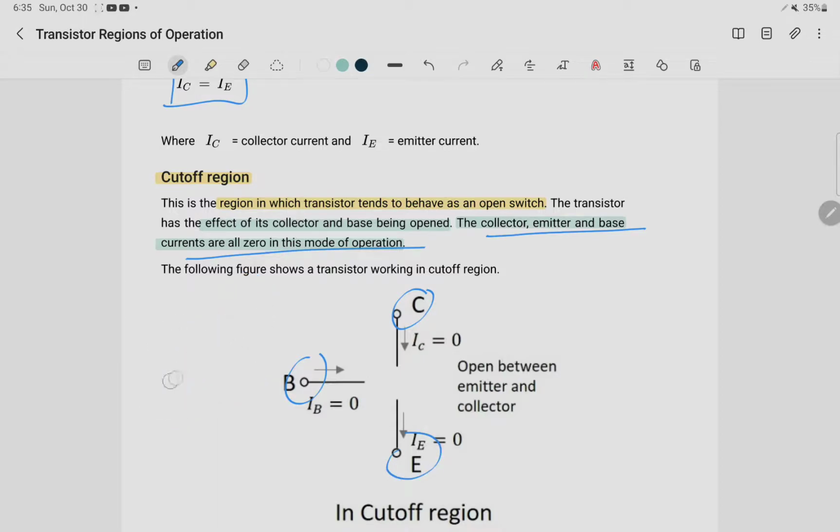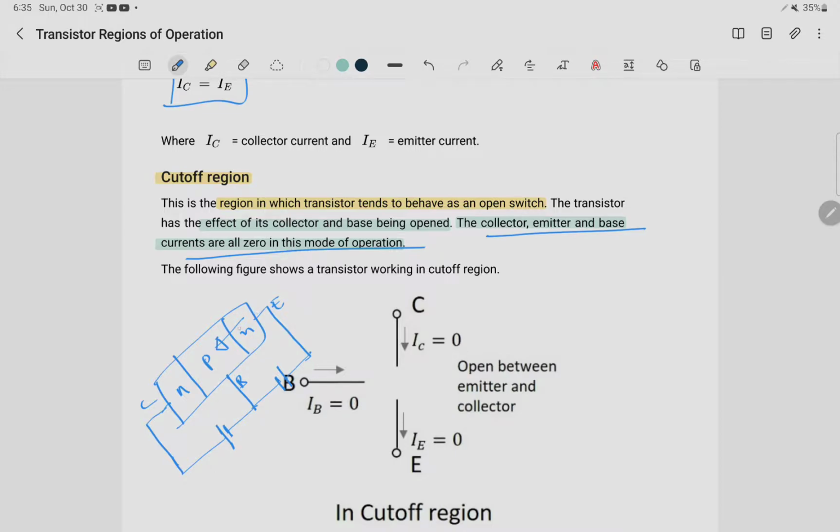But just as well, if we reverse bias both junctions, the NPN, then we reverse bias everything. So here we shall have a positive to the negative, then here we shall have a negative to the positive. There will be no electrons flowing from the emitter, this is the base and this is the collector.